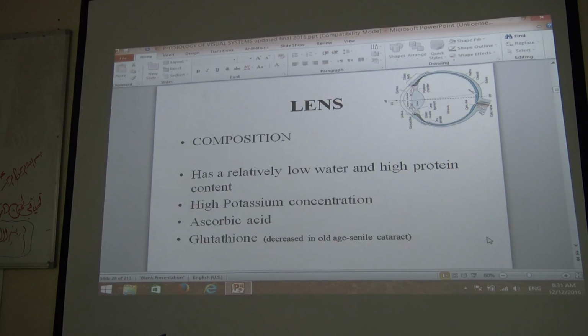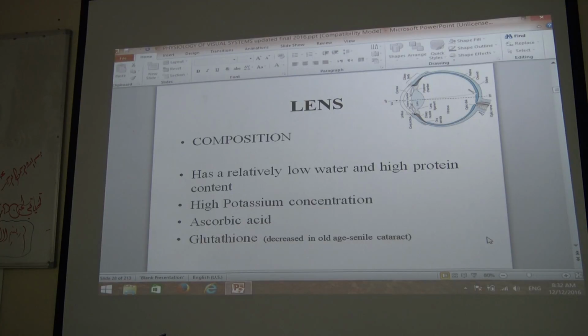There is no aerobic glycolysis in the center of the lens, only in the outer surface. So the glutathione inside the lens will prevent aerobic glycolysis from being in the center of the lens, limiting it to the surface. So ascorbic acid and glutathione are antioxidants, and have a role in limitation of aerobic glycolysis.